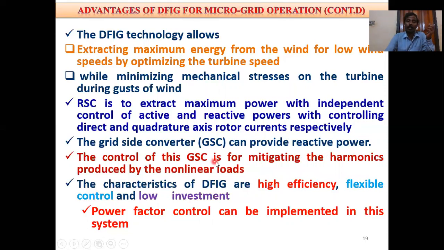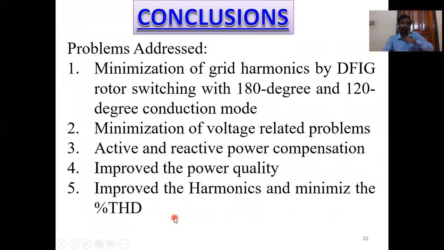The control of the grid side converter is for mitigating the harmonics produced by nonlinear loads. The characteristics of DFIG are high efficiency, flexible control, and low investment. Power factor control can be implemented in this system.